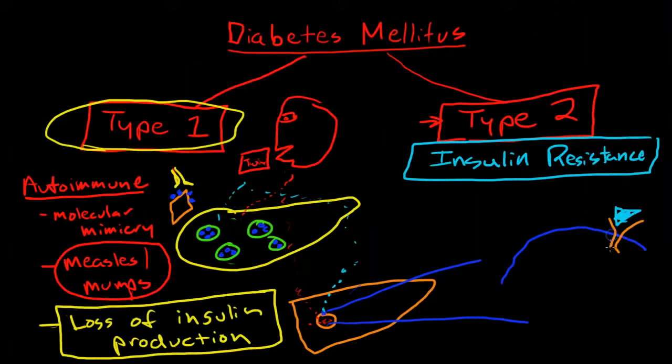And that sends out second messengers to the glucose transporter and to the sodium-potassium pump and to various other places within the cell.